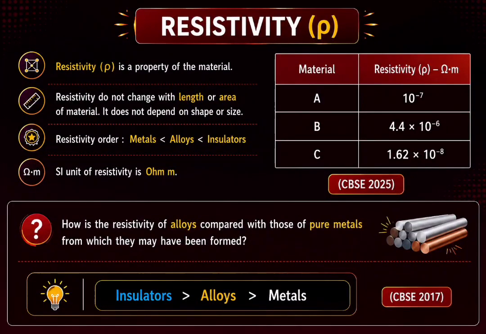Now let's look at a critical concept that students often confuse with regular resistance: resistivity, denoted by rho. First things first, note these key facts down. Resistivity is an inherent property of the material itself. Unlike resistance, it does not change with a change in the length or area of cross section of the material.